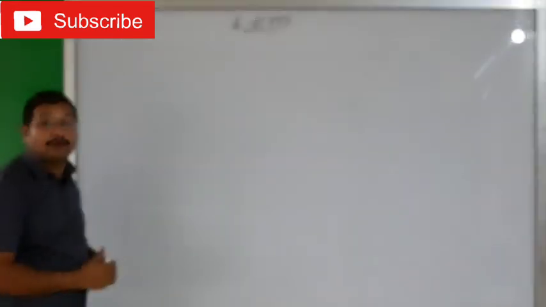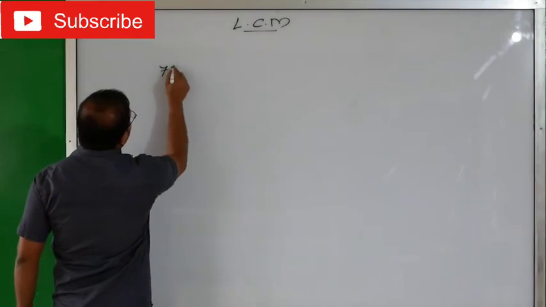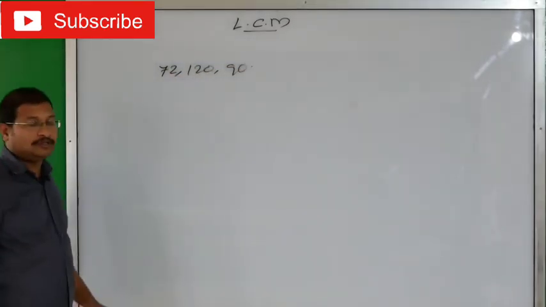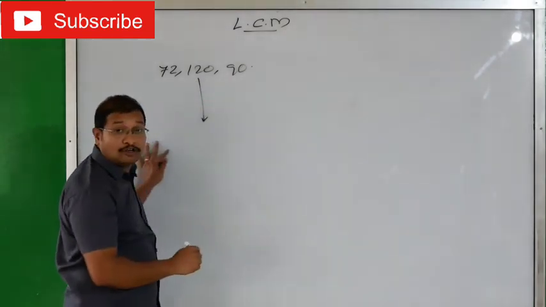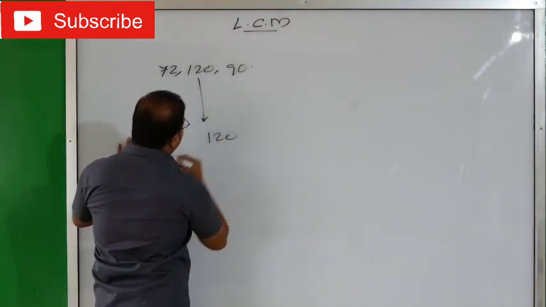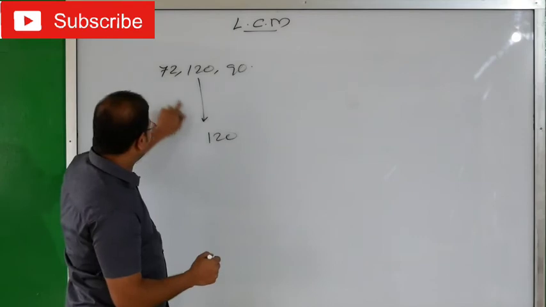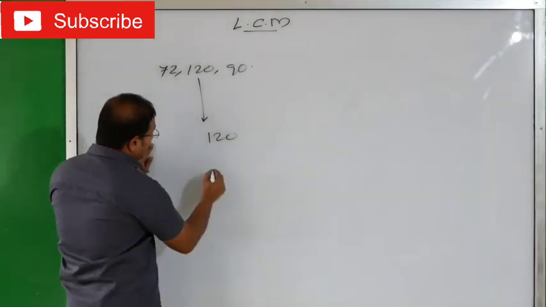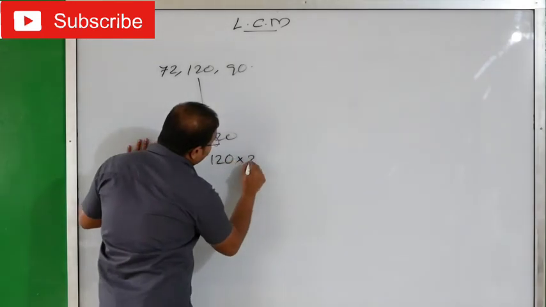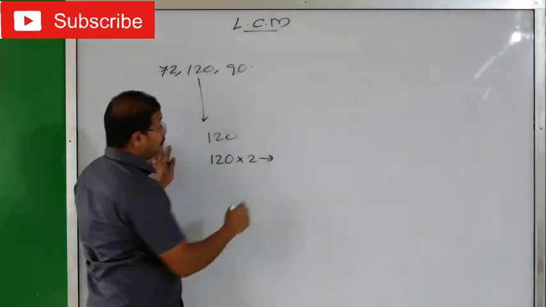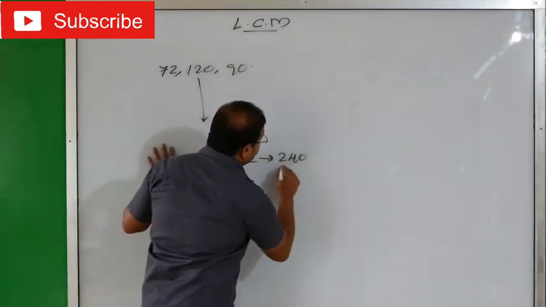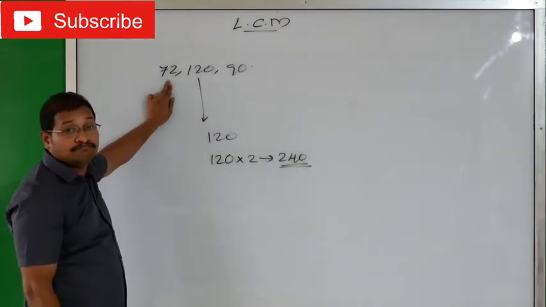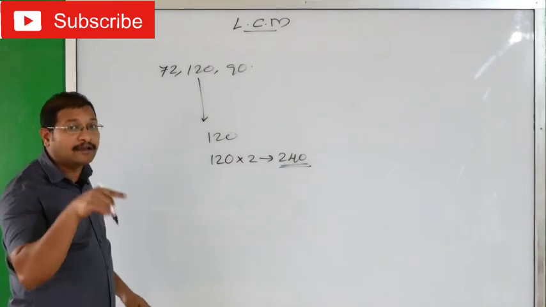Let's see the LCM of 72, 120 and 90. We know that the biggest number is 120. So we took 120. By looking at it we can understand, of course we can't divide it by 72. So what will we do? 120 into 2. What is that? 240. Check it. Can you divide 240 by 72? No. Remainder will be there, isn't it?